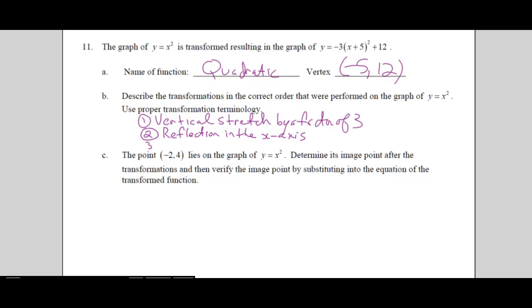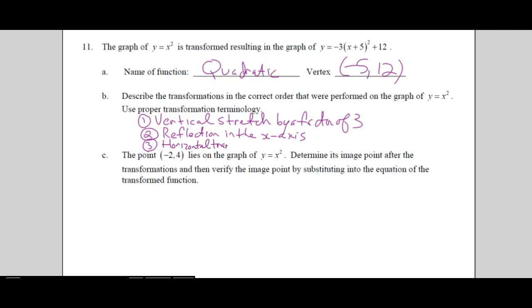Followed by a horizontal translation, right? We're actually going to use the words. If it comes down to I don't have much space, vertical stretch becomes VS, horizontal translation becomes HT. But if we have room, write out the words. So it's a horizontal translation.